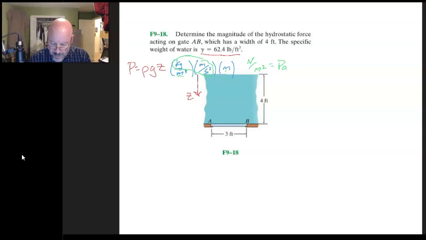So that means really we could write P as gamma Z. Now let's look at those units. That's going to be pounds per cubic foot, and it will be in English units, so that'll be underwater as feet.